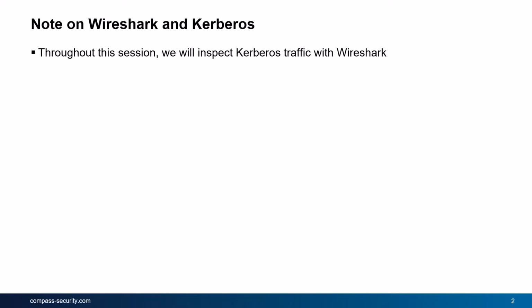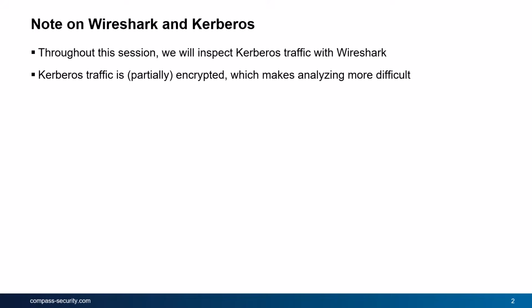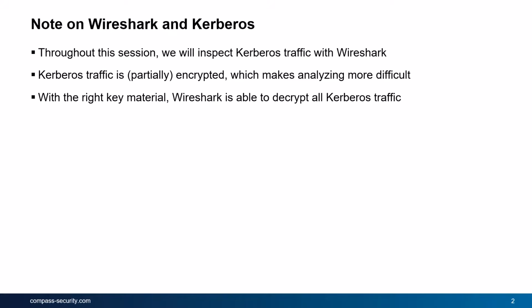A quick note on the usage of Wireshark throughout this video series. We will be using Wireshark to inspect Kerberos traffic, and Kerberos traffic is at least partially encrypted, which makes the process of analyzing it more difficult. However, with the right key material, Wireshark is able to decrypt all the Kerberos traffic, and that's exactly what has been done for this video series.